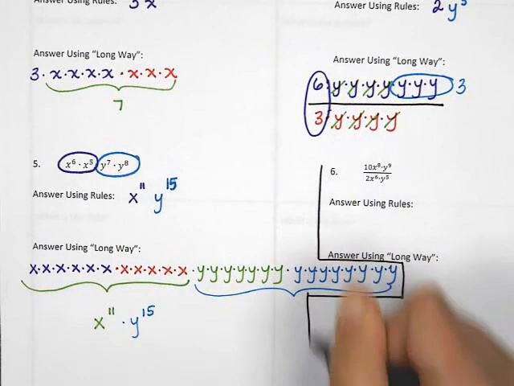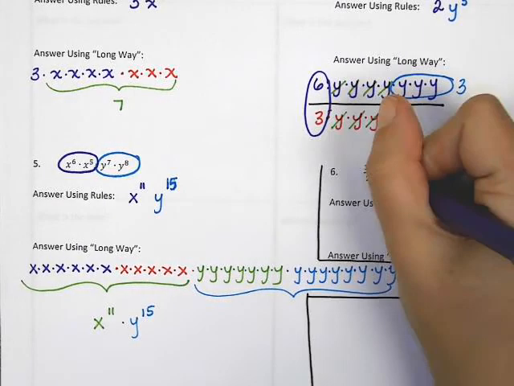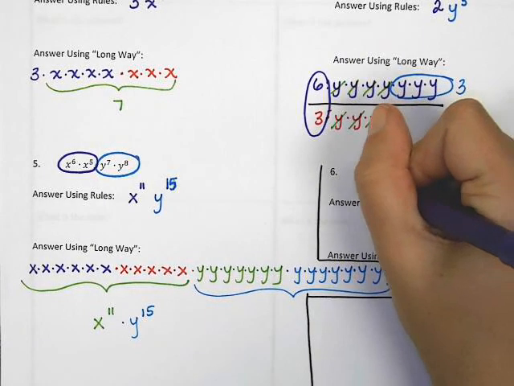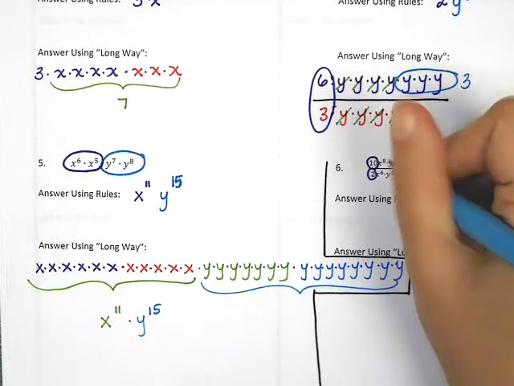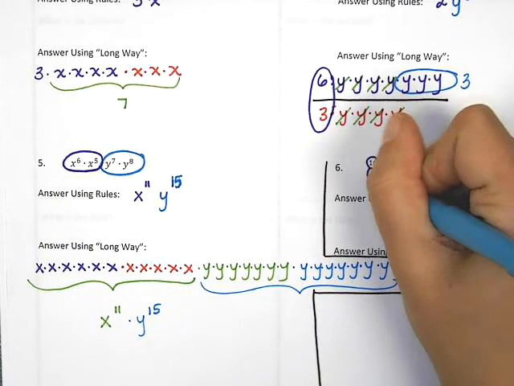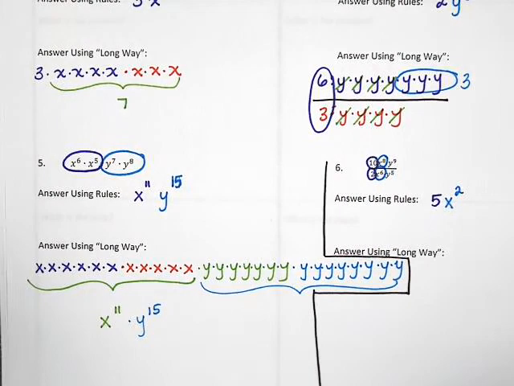Last but not least, let's do a slightly more complicated problem, but I know we can handle it. If we write our answer using rules, let's just do one thing at a time. Let's start with the numbers. 10 divided by 2 would give me 5. x to the 8th divided by x to the 6th, I would subtract those exponents and I would get 2.